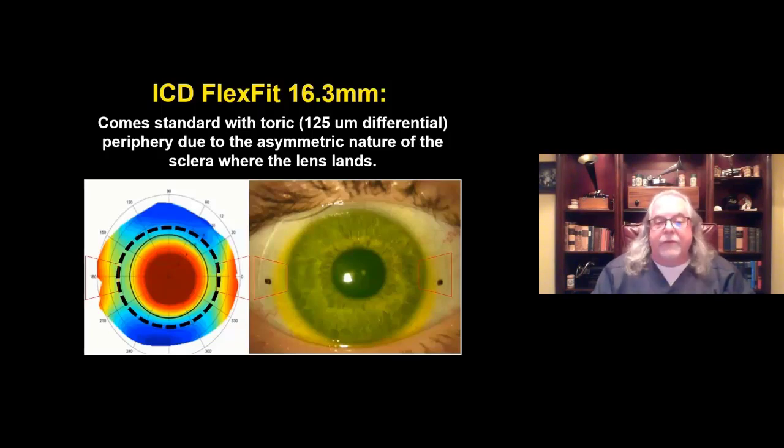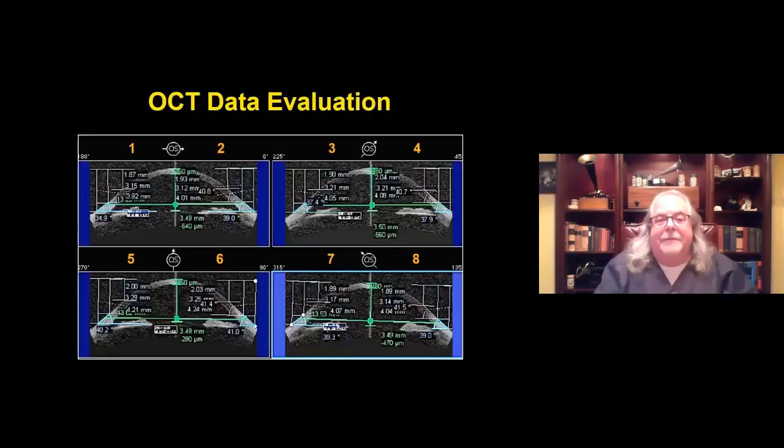So what we're seeing are those markers that are incorporated into the periphery of the 16.3 diagnostic set, which identify the lowest or the highest meridian, and that is the flat corneal meridian, or I better say the flat scleral meridian.